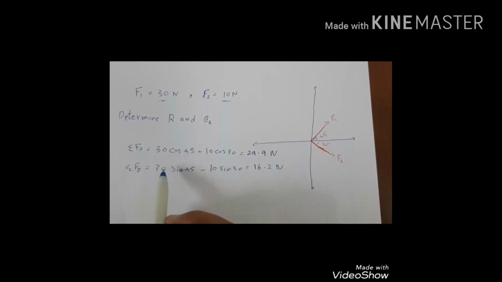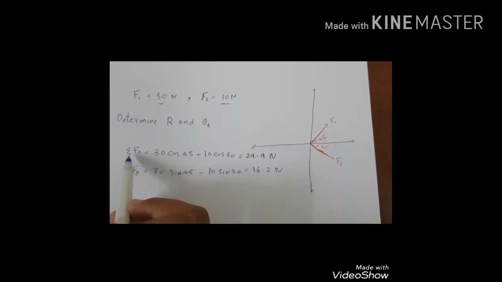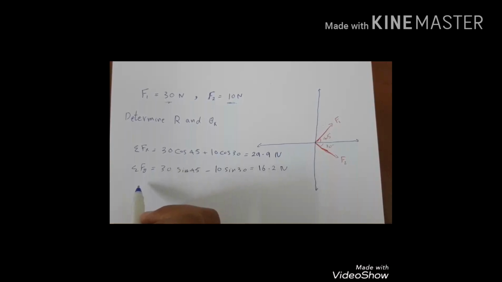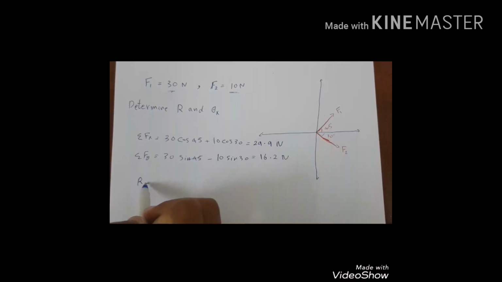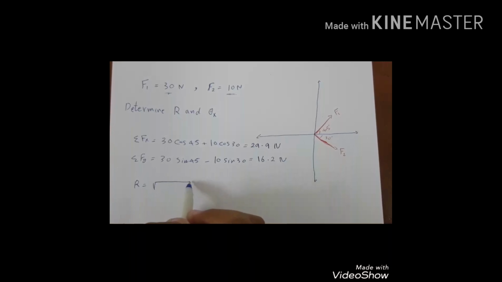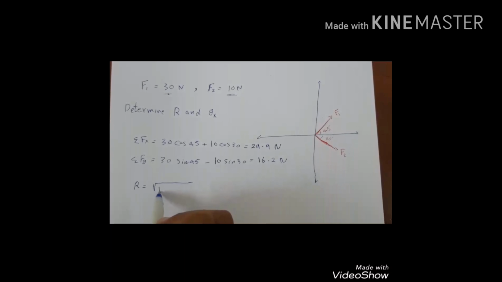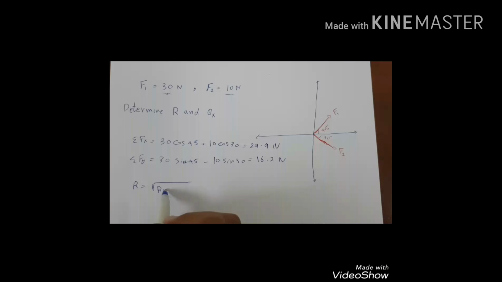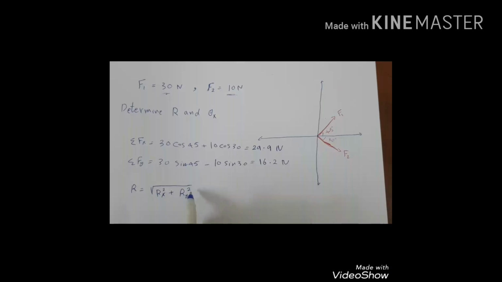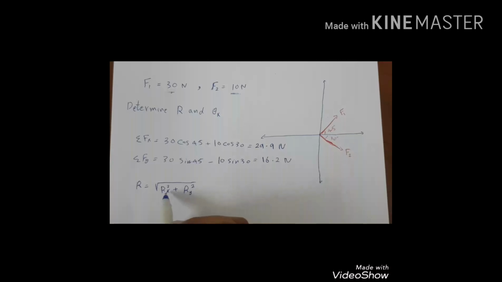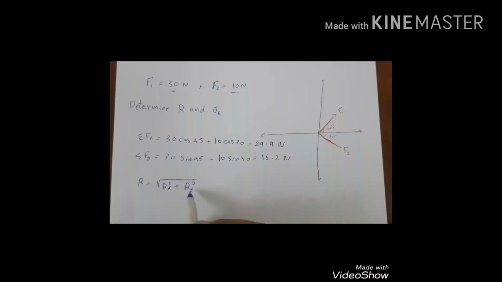Now we have sigma Fx and sigma Fy. We can calculate R equals the square root of Rx squared plus Ry squared. As we know, Rx equals sigma Fx and Ry equals sigma Fy.